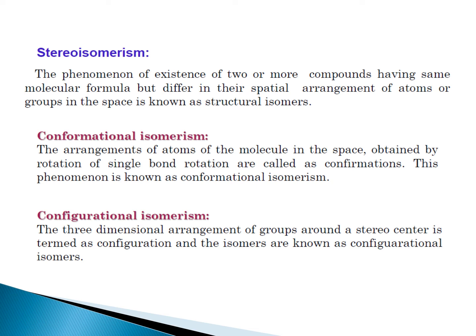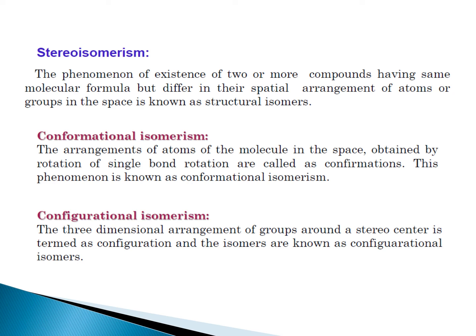If we know the basic knowledge of isomerism, then we can easily understand the phenomena of stereochemistry. Stereoisomerism is the phenomenon of the existence of two or more compounds that have the same molecular formula but differ in their spatial arrangement of atoms or groups in space.